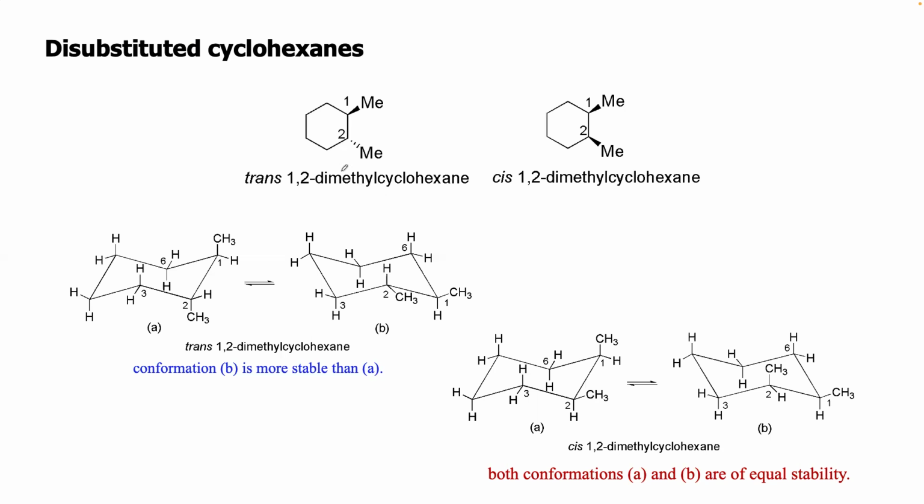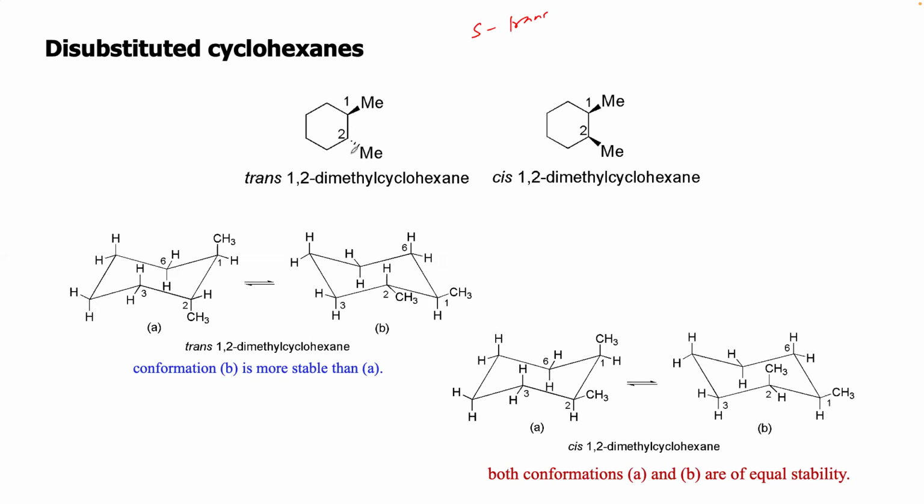Okay, so again, a similar question like we did before. You have trans 1,2 dimethyl cyclohexane and cis 1,2 dimethyl cyclohexane. Usually when we say cis-trans, you have a carbon-carbon double bond or alkene. But here we have only a carbon-carbon single bond.